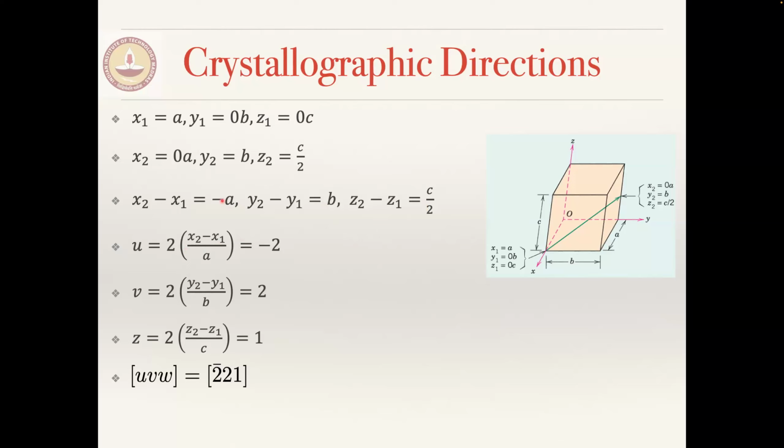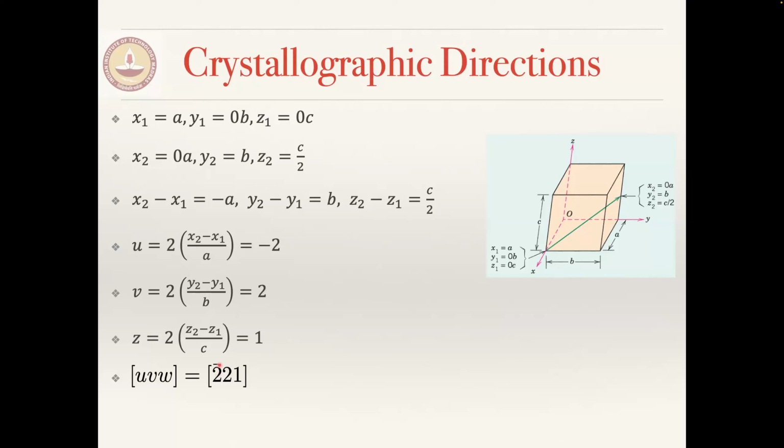So when you do that, minus 1 times 2 is minus 2. 1 times 2 is 2. 1 by 2 times 2 is 1. Then these three are your indices: minus 2, plus 2 and 1. In crystallography, we don't write minus 2. If it is minus 2, we represent it as 2 bar.